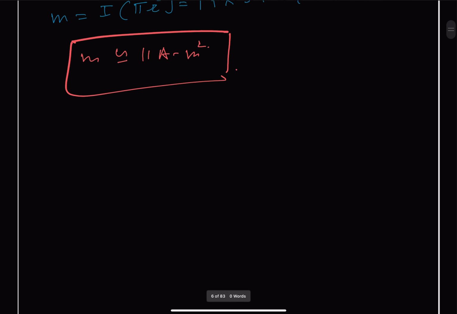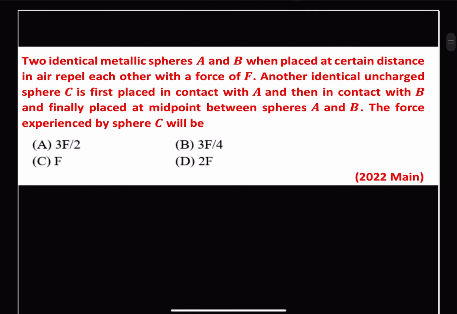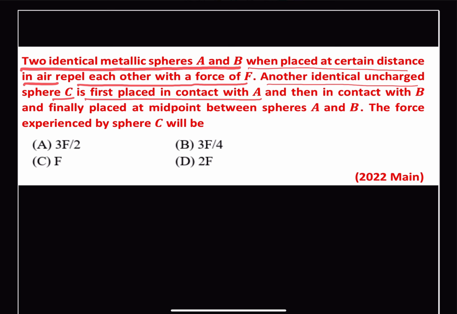Next question. We are given two identical metallic spheres A and B, when placed at certain distance in air, repel each other with a force F. Another identical uncharged sphere C is first placed in contact with A and then in contact with B, and finally placed at midpoint between spheres A and B. The force experienced by the sphere C will be.